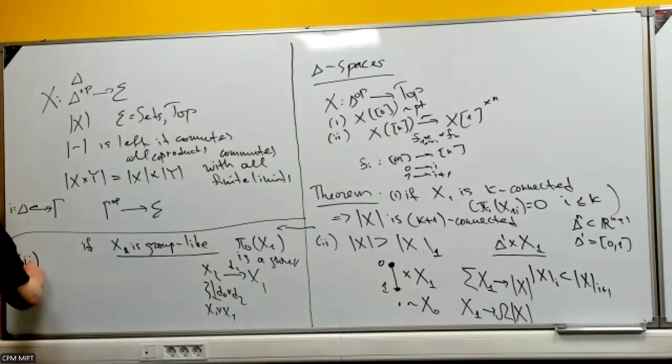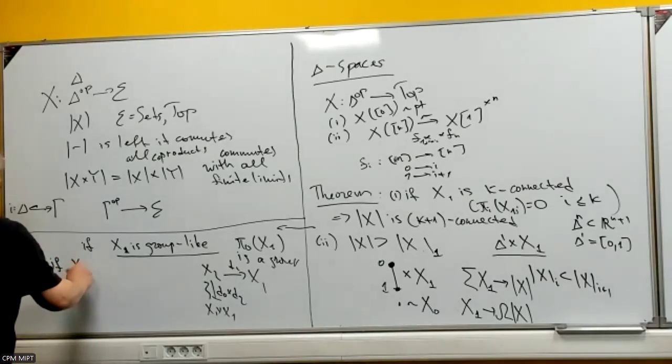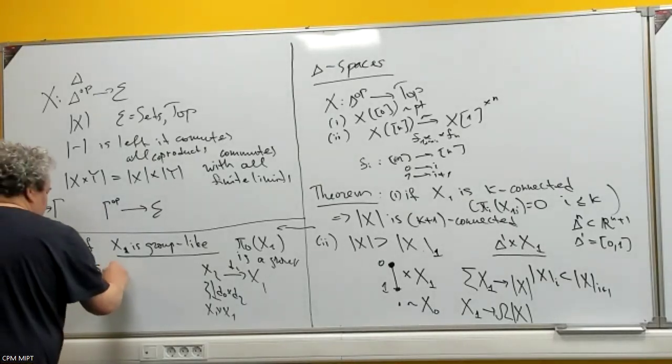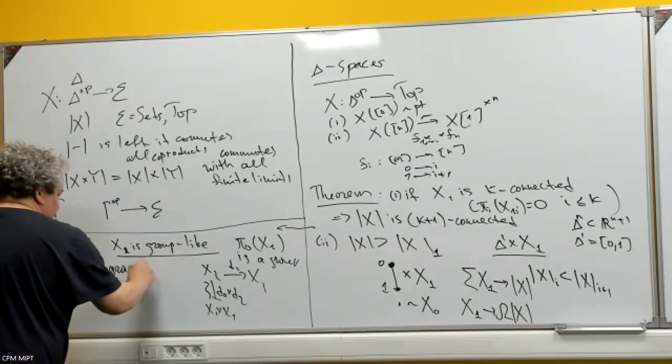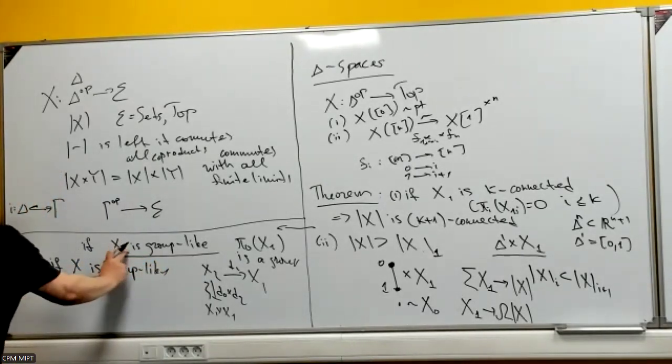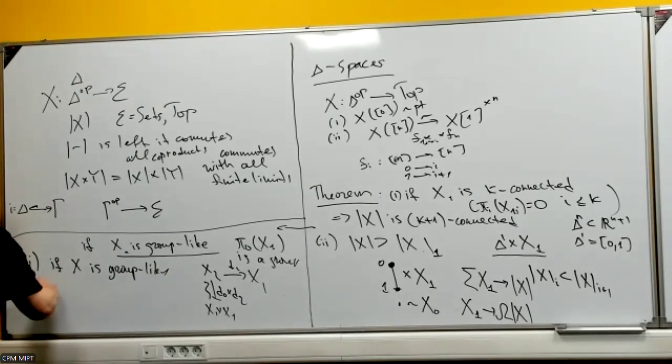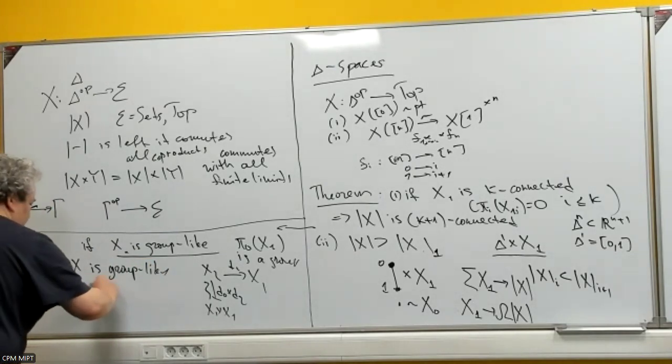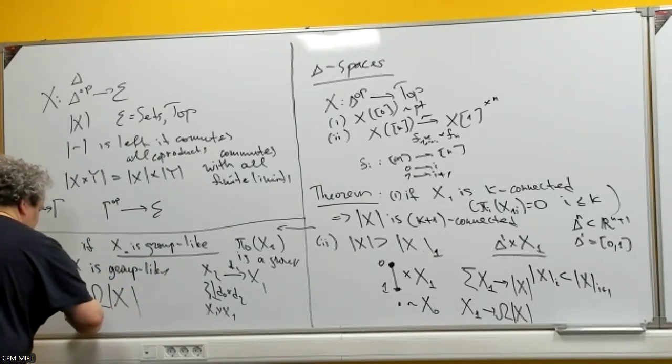It says that if x1 is group-like, or x is group-like, which is the same, yeah, probably better to say that x is group-like, then this map from x1 to omega realization of x is a homotopy equivalence.